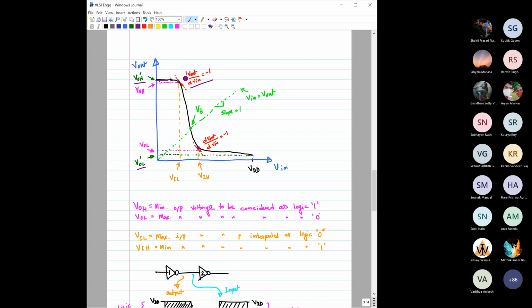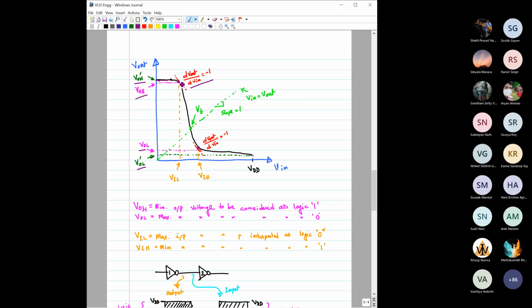Now these 2 points where the slope becomes equal to -1: on the above, or you can say the top level, the higher output voltage level, we call it VOH. So this is VOH, and the lower one on the output side is called VOL.